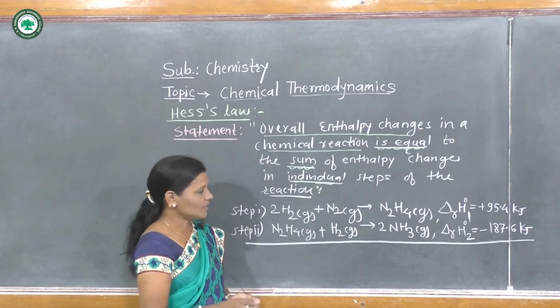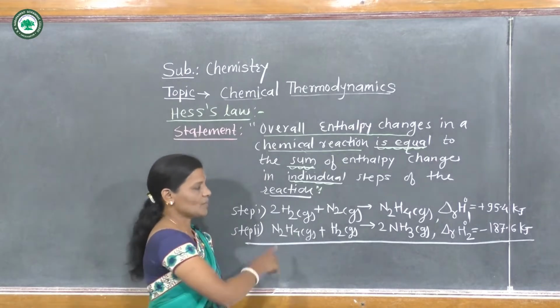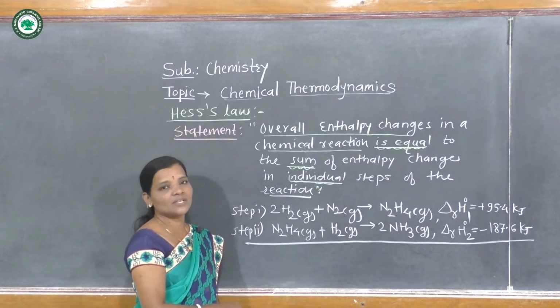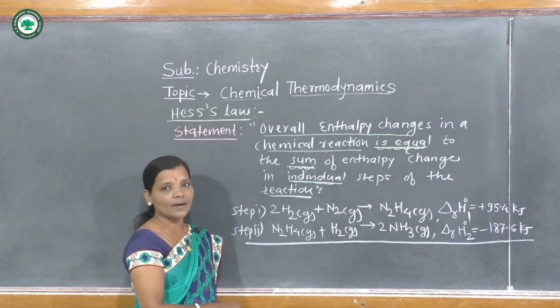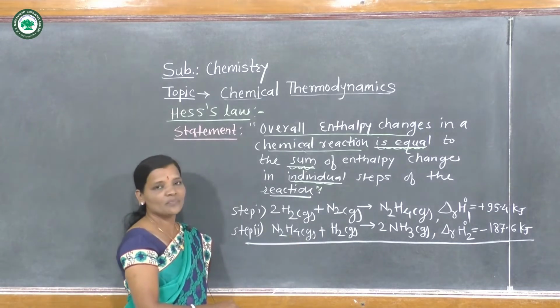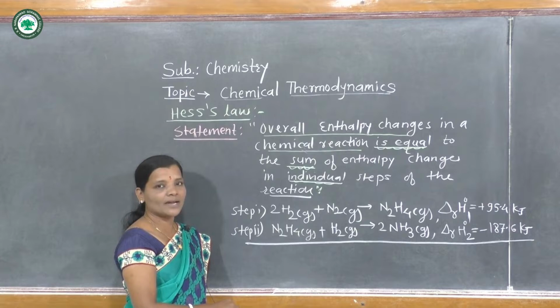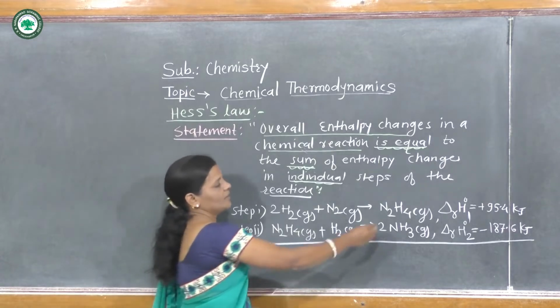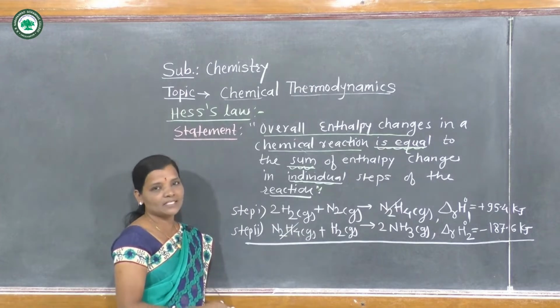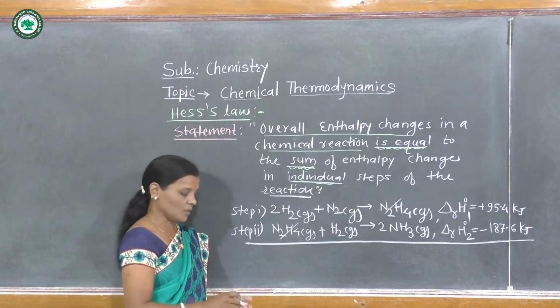Here if we do the summation of these 2 steps, then we get the net equation for the formation of ammonia gas. Now let us add these equations according to algebraic addition. N2H4 appears on both sides, being similar entities, and gets cancelled out.